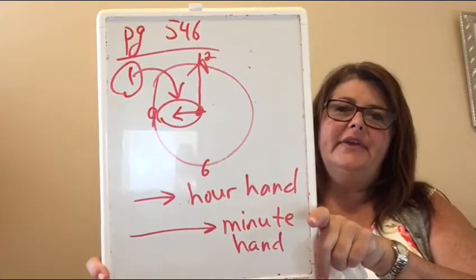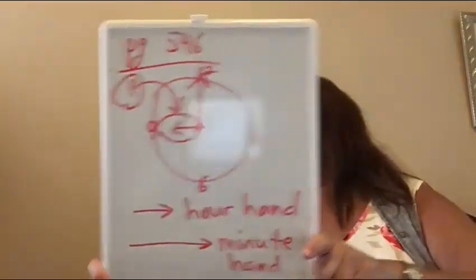The hour hand is the short hand. Circle the short hand for number 1. The hour hand on the clock is the smaller hand. The minute hand is the longer hand. So that's number 1. And number 2, they want you to circle the minute hand.